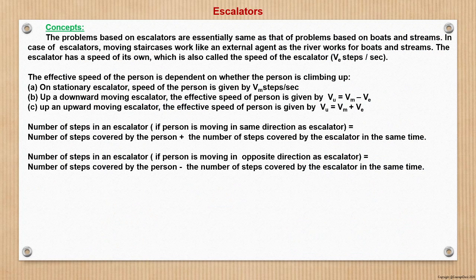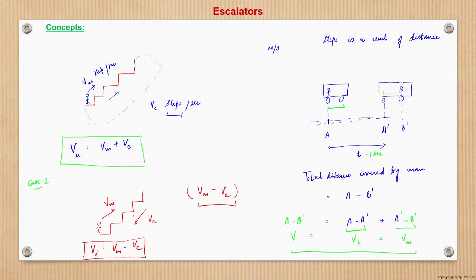So the same thing I have written here: the effective speed of a person depends on whether the person is climbing up a stationary escalator. The speed of the person is given by vm. That is, if the escalator is not moving, then ve is 0, so we get effective speed as nothing but vm, right?